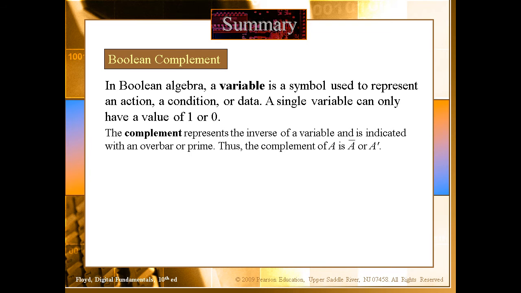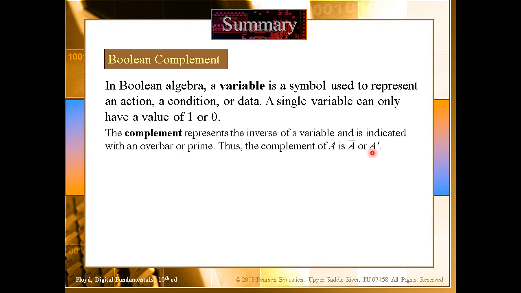Similar to any variable, you can also write a complement of a variable. For example, if a is a variable, you can write a bar or a prime to make it the complement. Now, what do I mean by the complement?